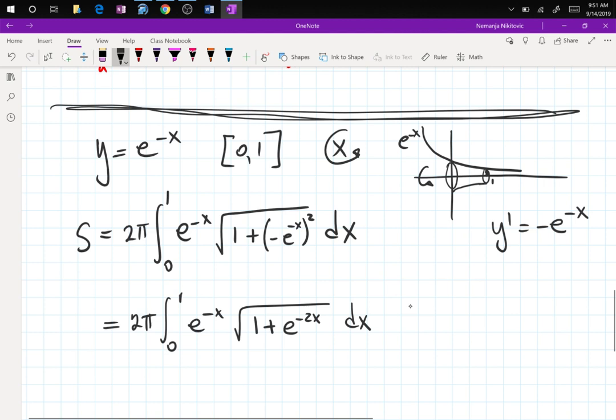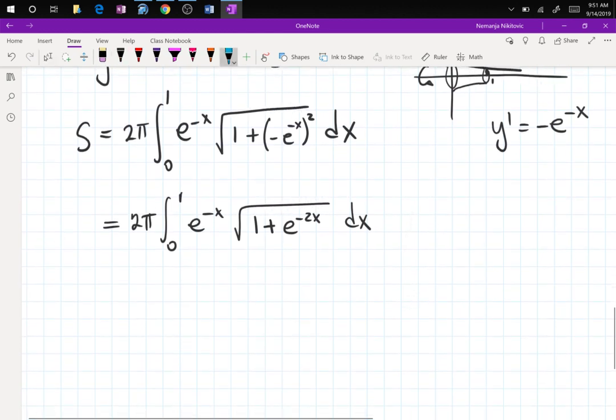If we want the u sub on this one, then we need e to the negative 2x in front, and we don't have it. I don't think we'll be able to integrate this, actually.